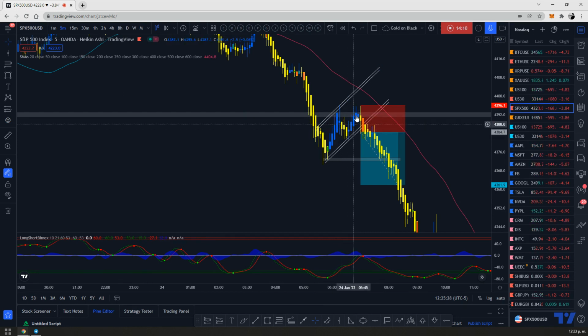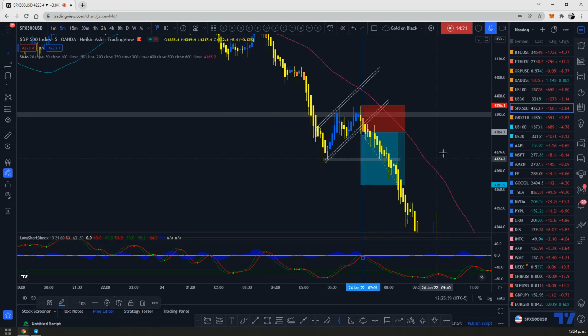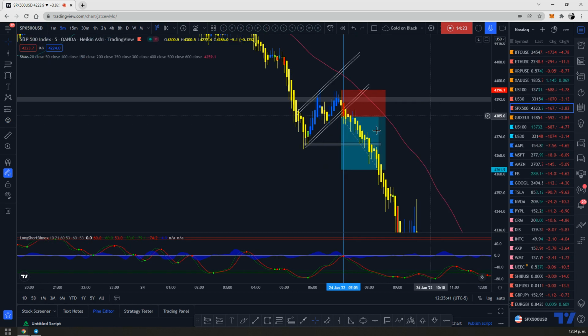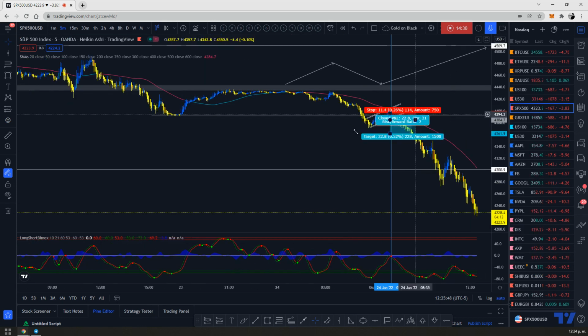So price came back up again, like doing a double top right there, and giving you the trigger immediately. Look at that. They give you the trigger, and that's the entry point right there, and going 1 to 2.